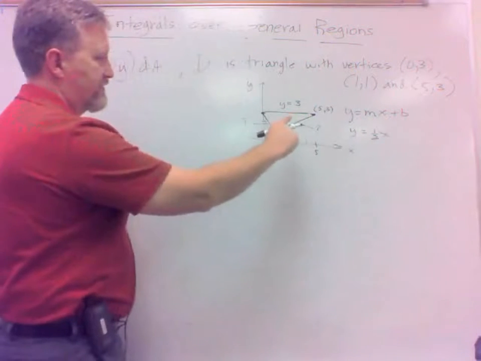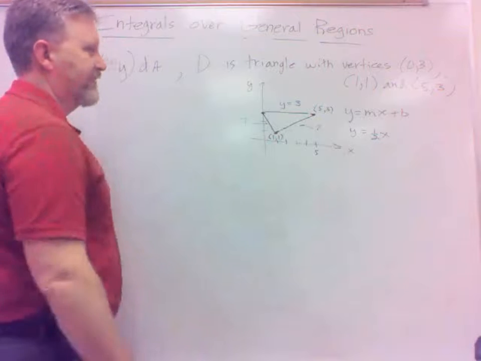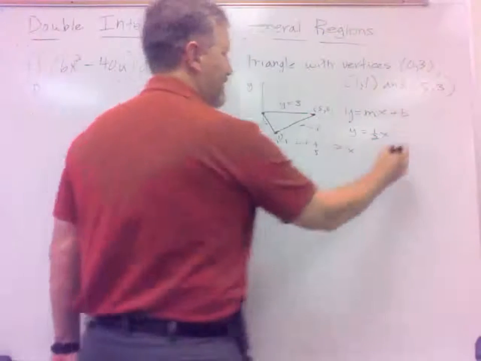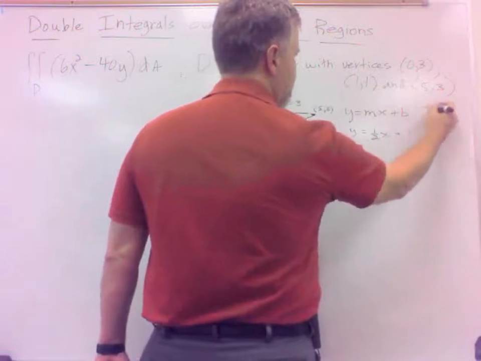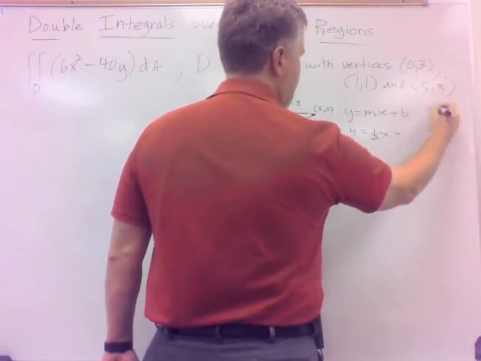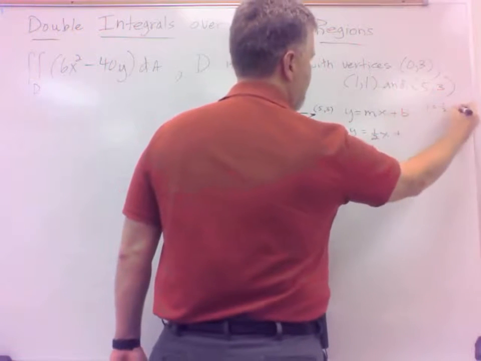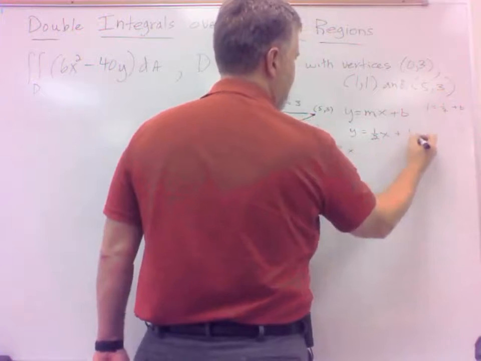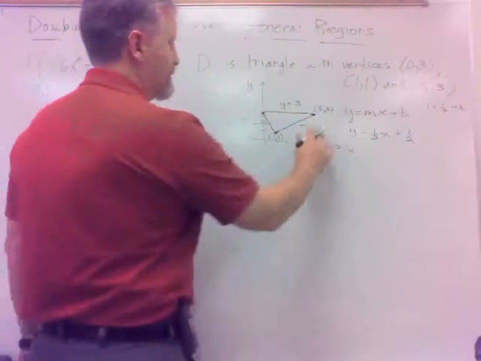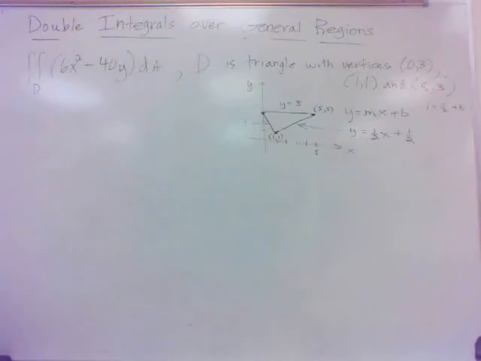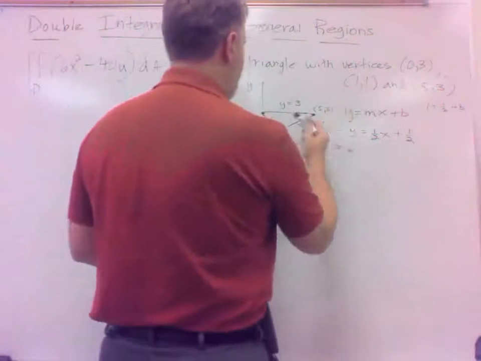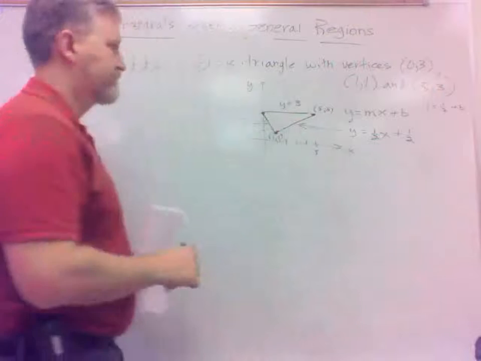And that doesn't quite give us the b either, but if x is 1, y is 1, we have 1 equals 1/2 plus b, and so that makes b a half also. So that one there is 1/2 x plus 1/2. Wait, let's see, 3 minus 1 over 5 minus 1, yeah. We're good?